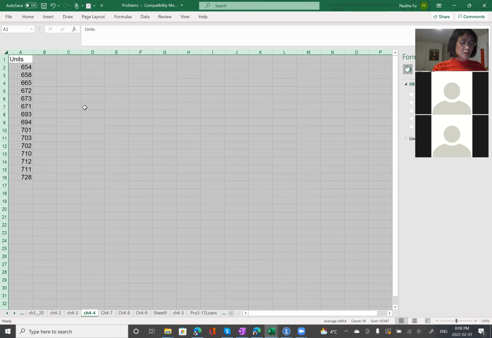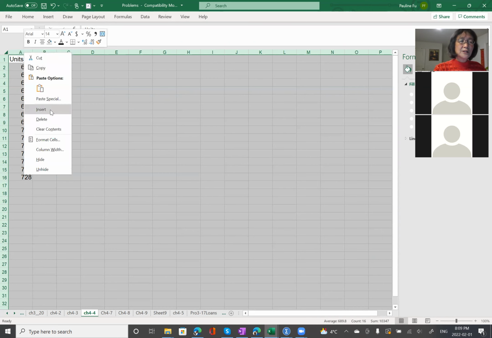The textbook uses all formulas, but since we are in Excel, I'm going to use Excel to explain. Maybe I want to insert the time here just in case I need it.